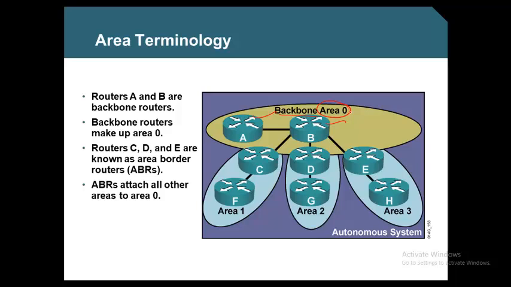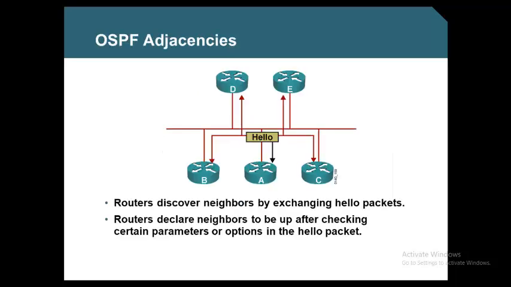Now, as I was telling you earlier, the very first thing in OSPF is finding out the neighbor. How are the neighbors discovered? By exchanging hello packets. What is the multicast address used? 224.0.0.5.